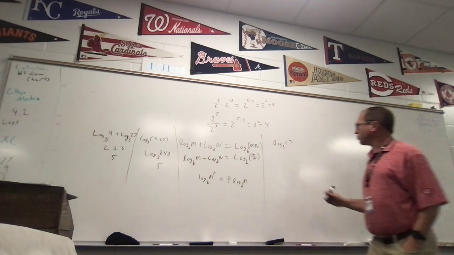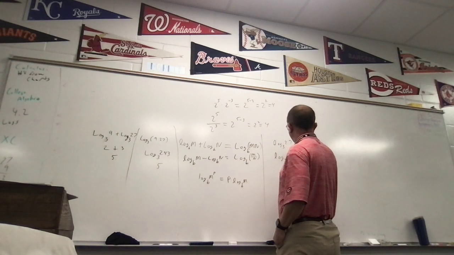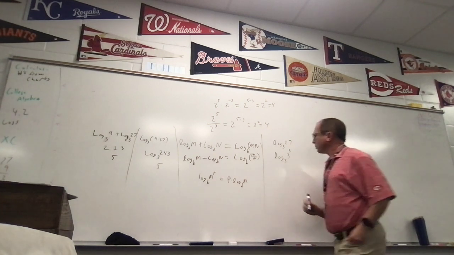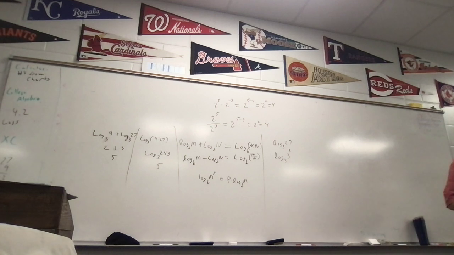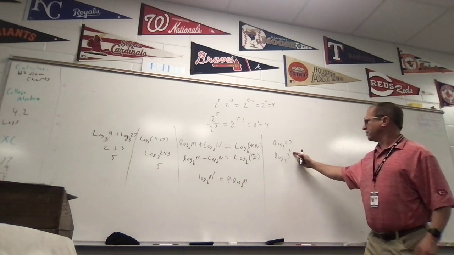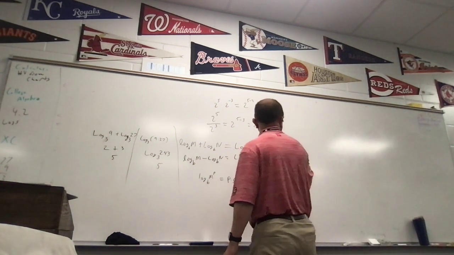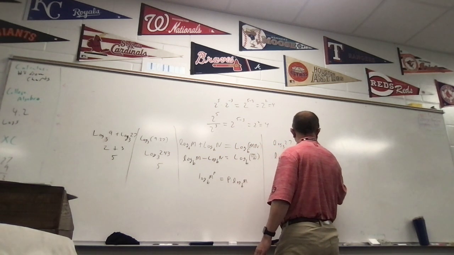And 27 is the same thing as 3 raised to the third power. So, according to this, what I can do is pull this 3 to the front and make it 3 times the log base 3 of 3.